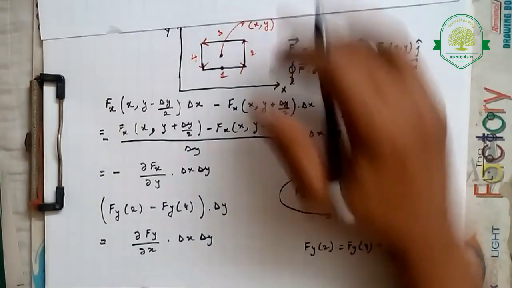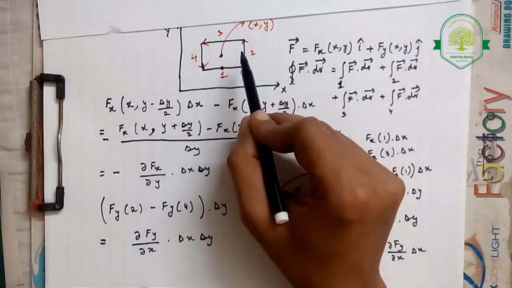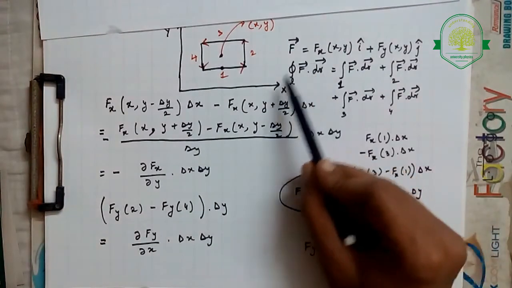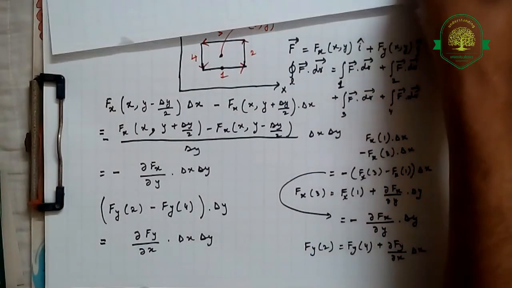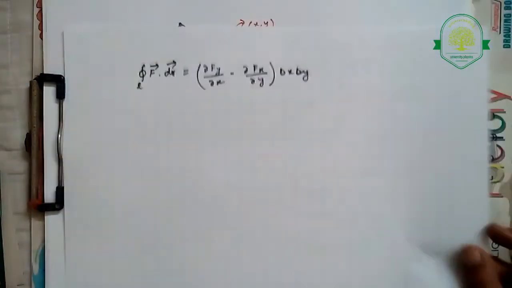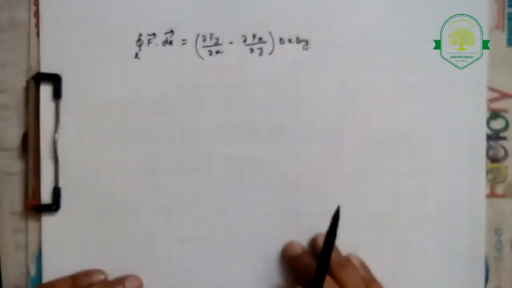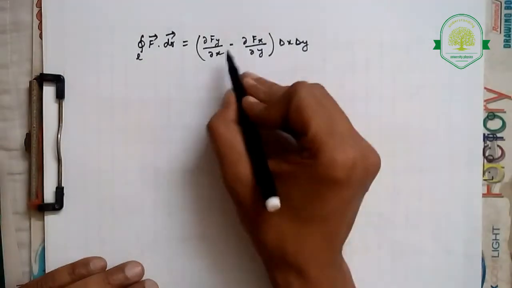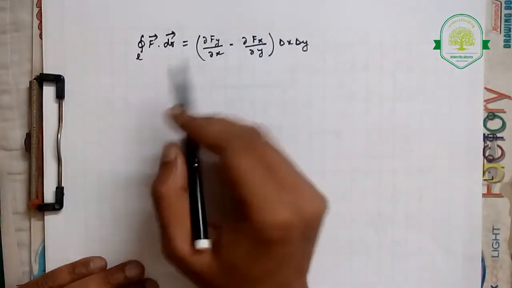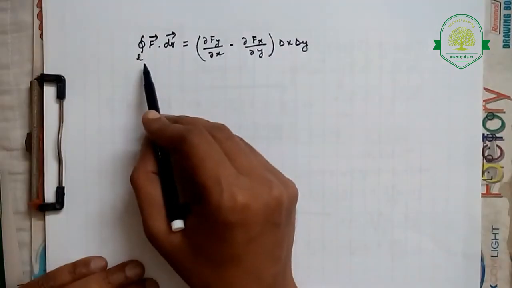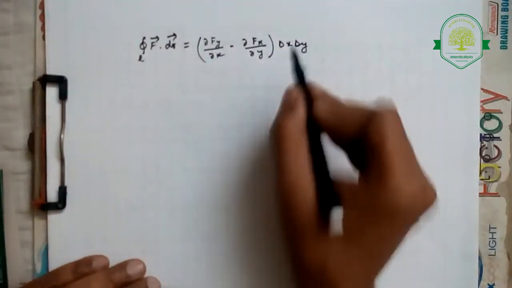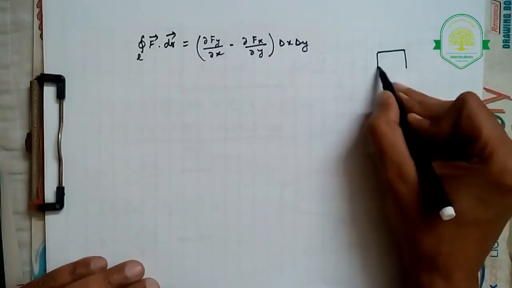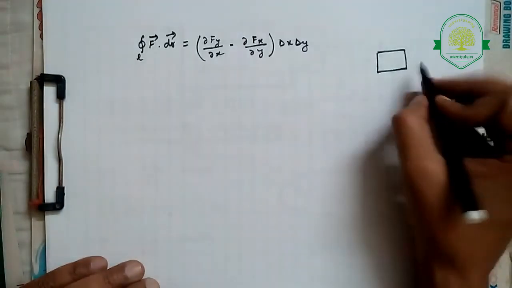So delta x times delta y is the area of our loop, and this integral is the sum of these two terms, which I have written here. Now you'll have to note that this expression that we have got only holds for the small loop for which this expression was derived.